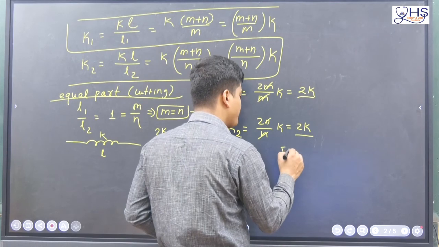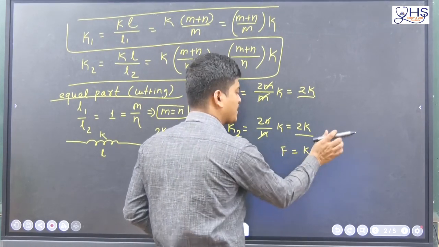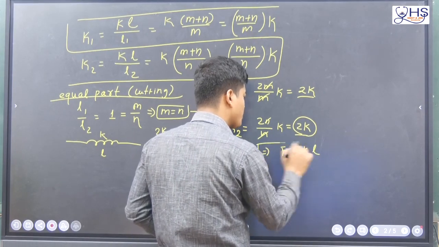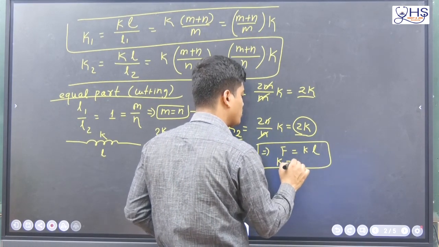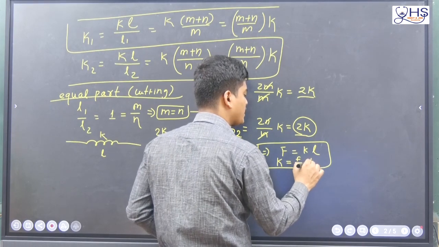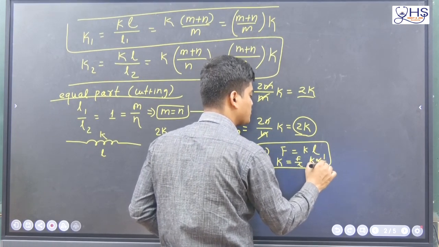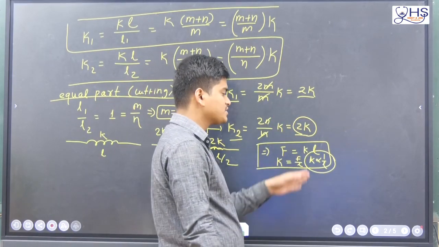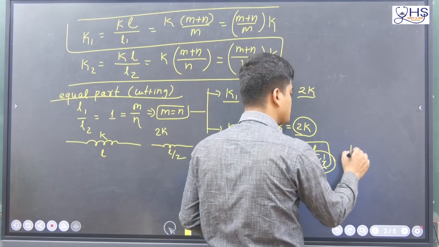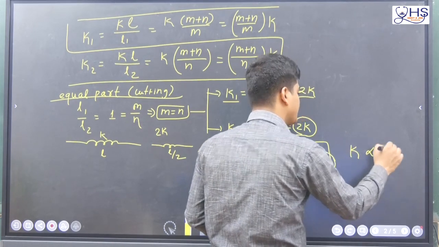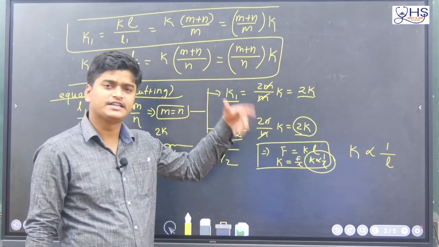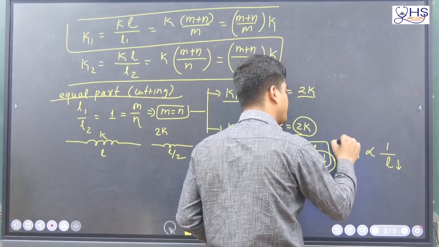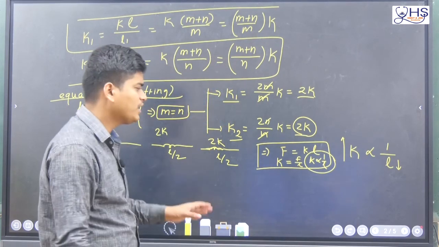Now, because you know F equal to kx, or you can write basically kl, and from here I can write k equal to nothing but F by l, or you can write k is inversely proportional to length. So that means if length increases by n times, k will decrease by n times, and if length decreases by n times, k will increase by n times. Okay. So remember, inversely proportional: if length decreases by n times, k will increase by n times.